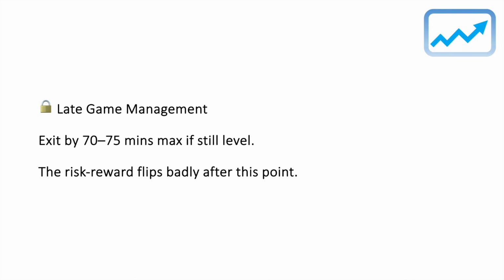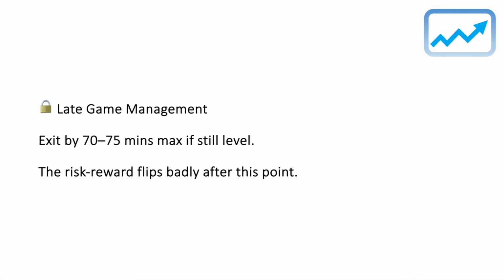But again, if the stats are showing little likelihood of anything happening, again, exit and take your loss. It's not worth just staying in the market and your loss getting bigger and bigger in the hope that a late goal is going to come. So I'd say 75 minutes maximum if it's still level.